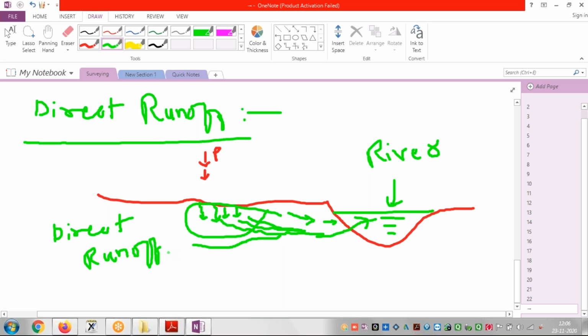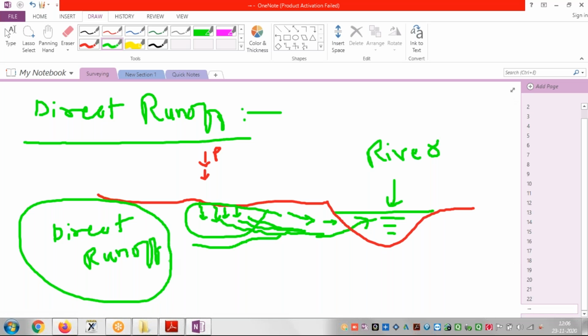Direct runoff is one example of prompt interflow plus subsurface flow, right? So direct runoff is the runoff which will meet the river within 2 to 4 days. Is it okay?